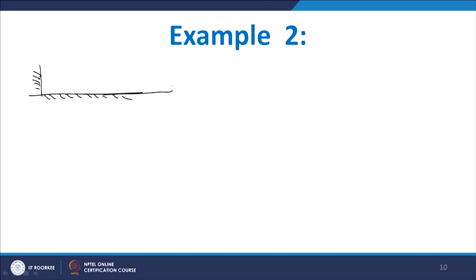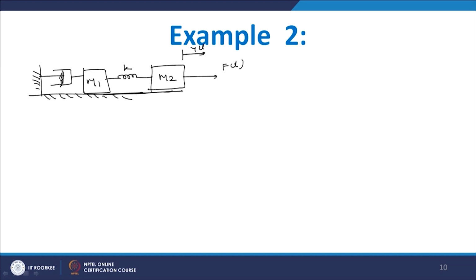Here is a damper, then we have mass m1, this is spring k, and this is mass m2, and this is force f of t, and this is displacement y of t, that is y2 of t, and here displacement y1 of t. You can write y1 and y2, there is no issue.